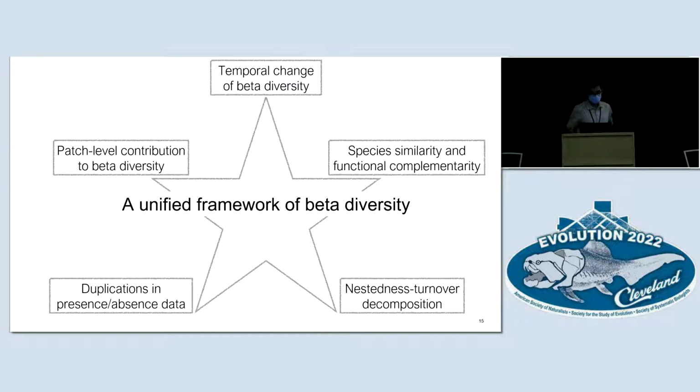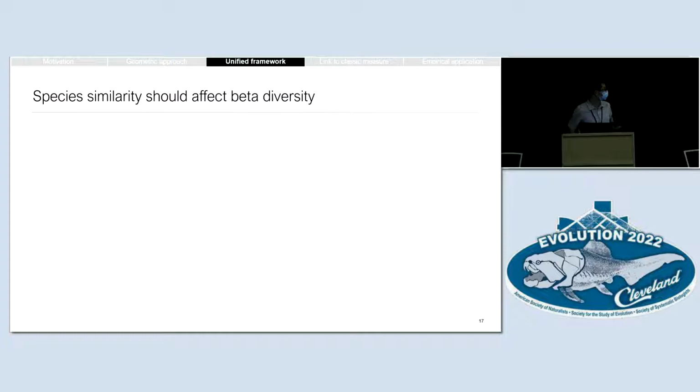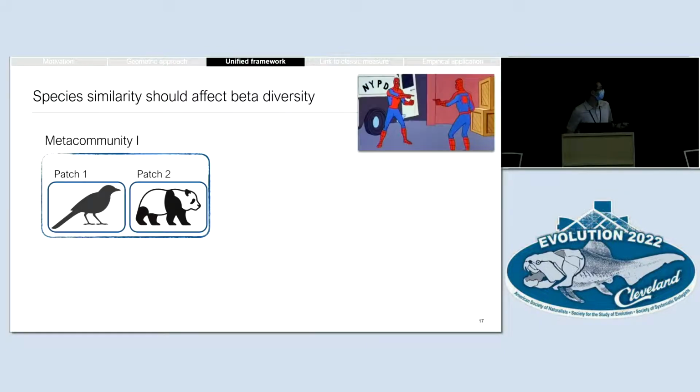Given the time constraints, I'm only going to talk about one specific extension. How do we account for species similarities in biodiversity? We know that species similarity should affect biodiversity. For example, in metacommunity 1, we have 2 patches. One patch has a bird, another patch has a panda.